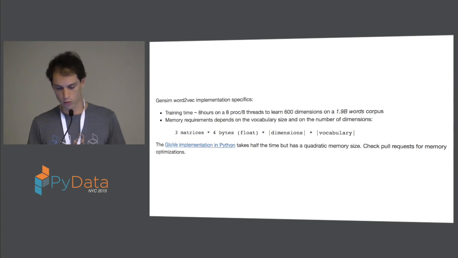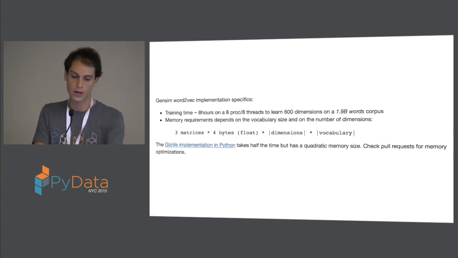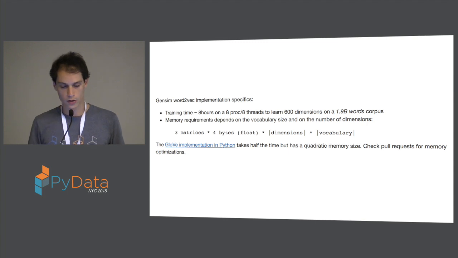To tell more about the implementation specifics, the training time for a 1.9 billion words corpus, which starts to be interesting, is 8 hours on 8 processors with 8 threads to learn a 600 dimension model. The memory requirement in Gensim is linear with regard to the number of dimensions and the size of the vocabulary.